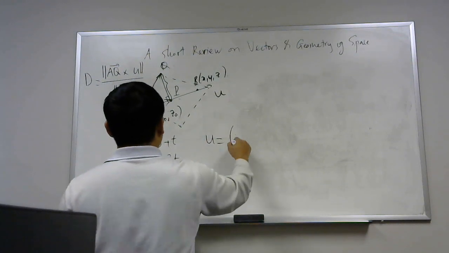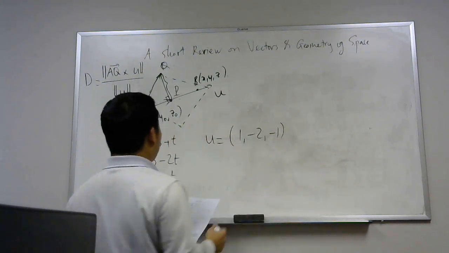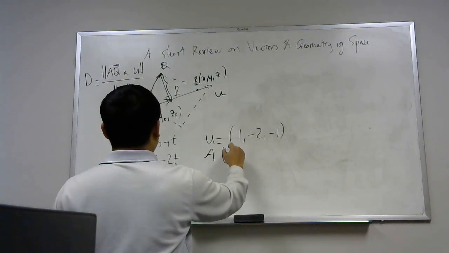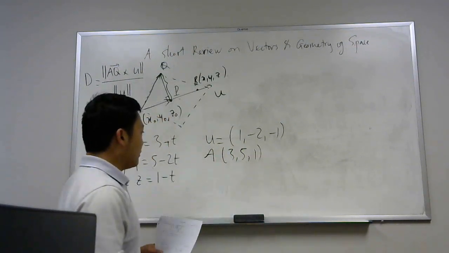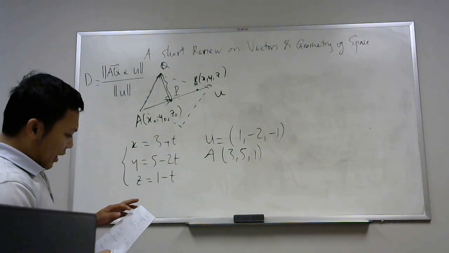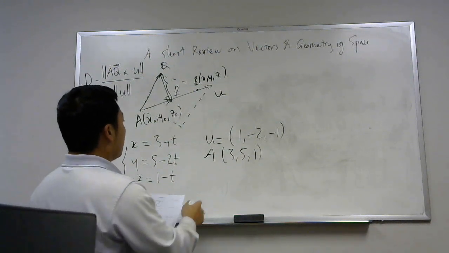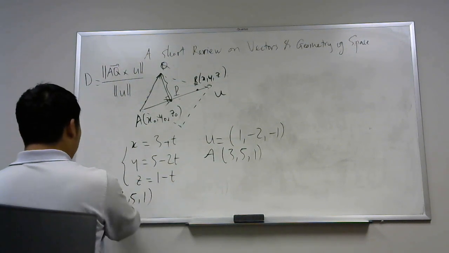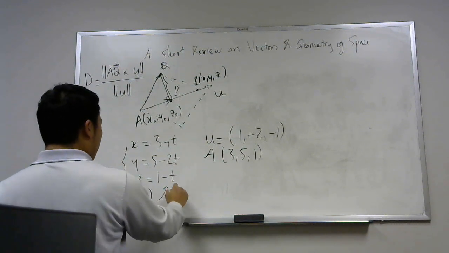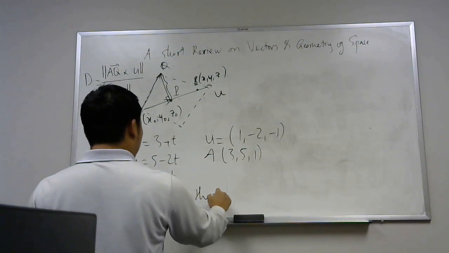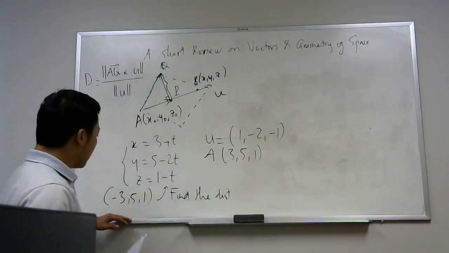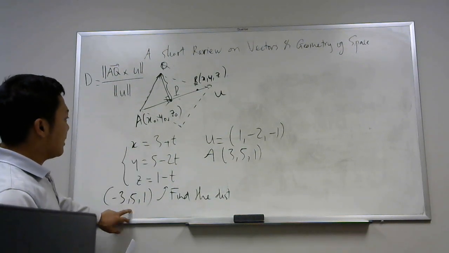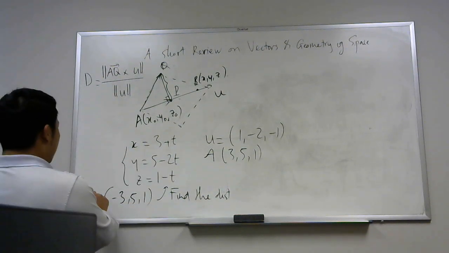So vector u in this case is (1, -2, -1), and A in this case is (3, 5, 1). I need to find the distance from the point (-3, 5, 1) to this straight line. So this is A, and this is Q.